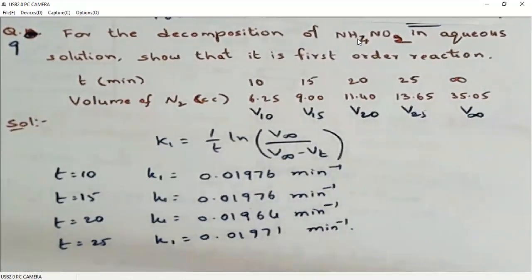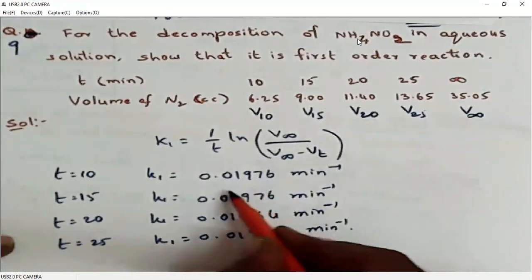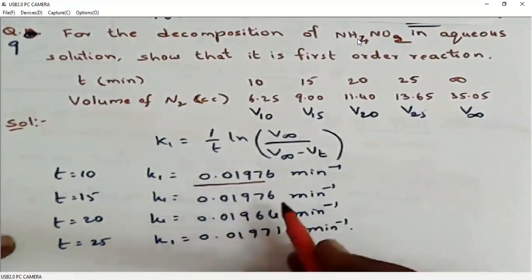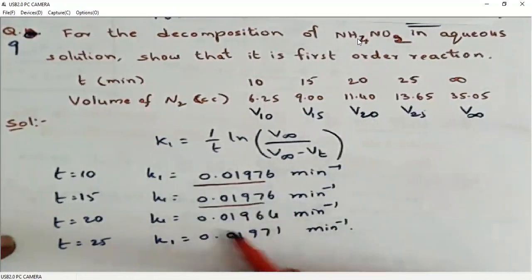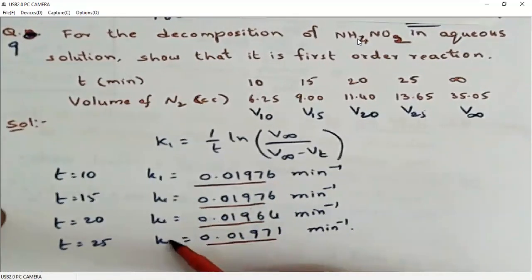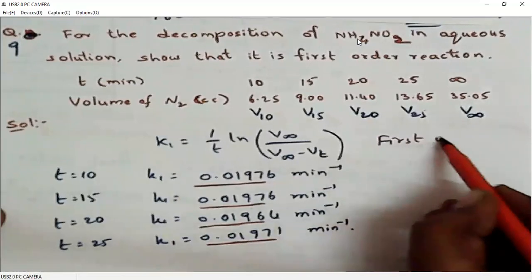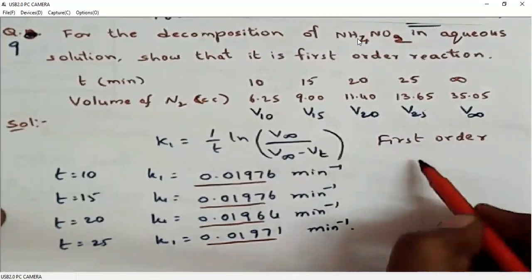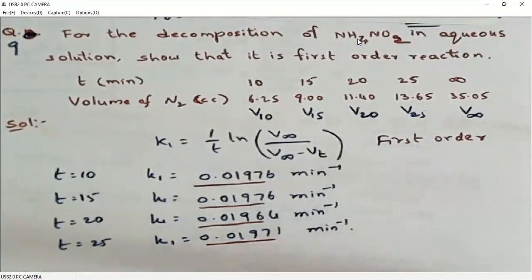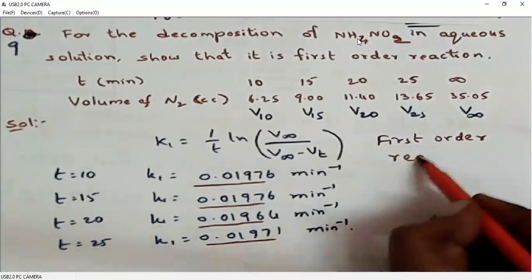When we look at the K1 values, see it is almost constant, 0.0197, 0.0197, 0.0197, 0.0197. So that means for any set of points, K1 value is constant when we use the first order integrated rate expression. So that means this reaction is a first order reaction.